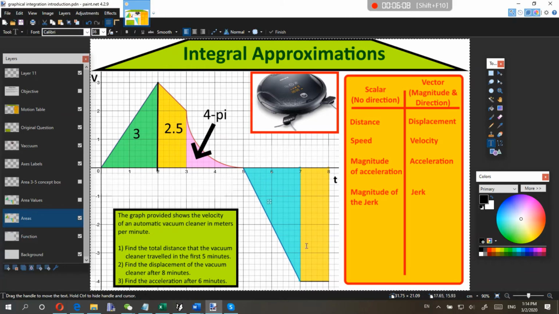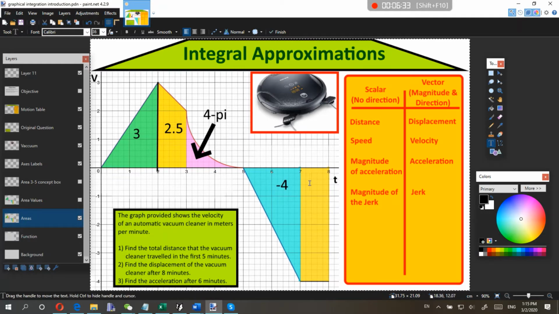Okay, then these areas are underneath the curve, so they're actually going to become negative. What's my area in blue? 4. Okay, and that's a negative area, so this will become -4.